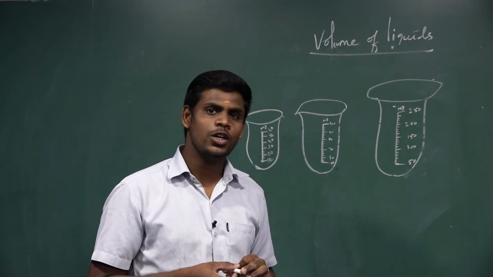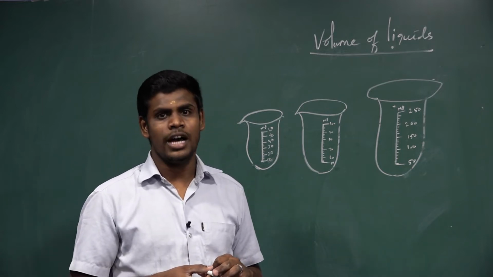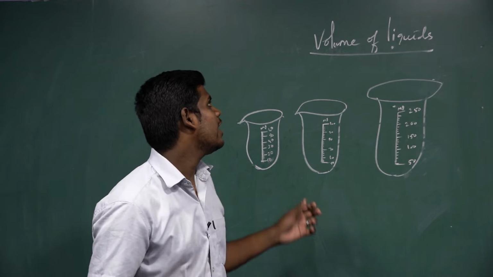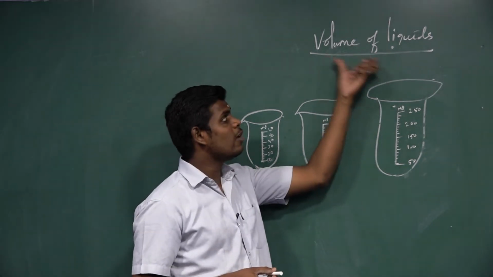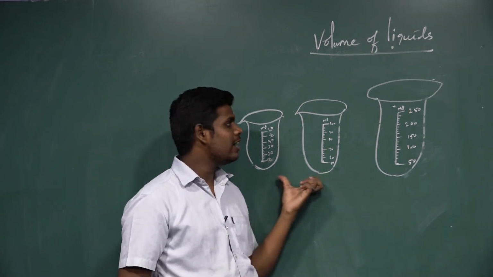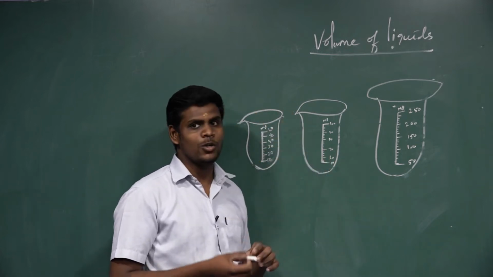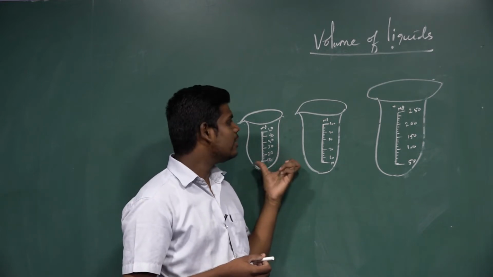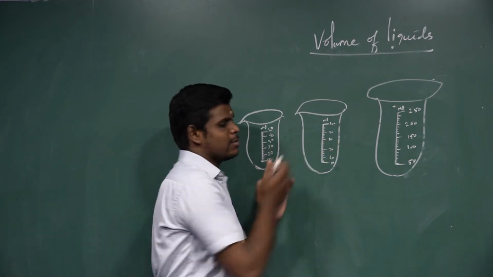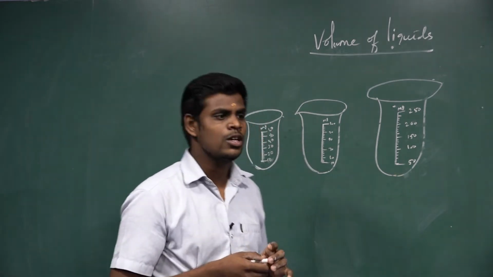How to derive the volume? Volume is equal to surface area times height. Now we are entering the topic, the volume of liquids. This figure shows different containers in a beaker, showing different values. Liquids also occupy some space, and hence they also have volume.